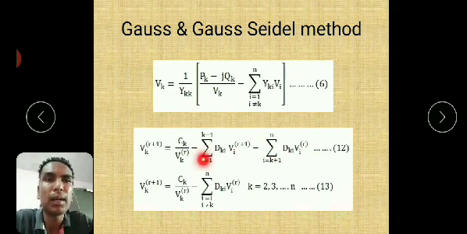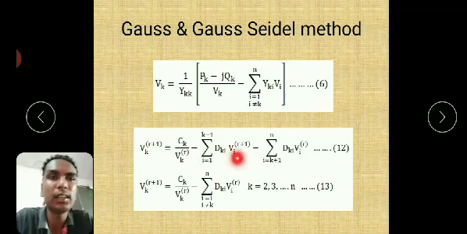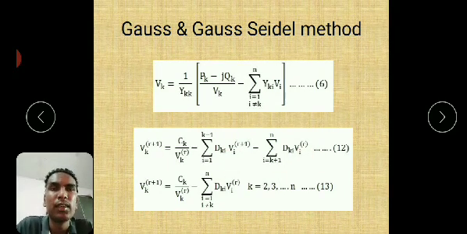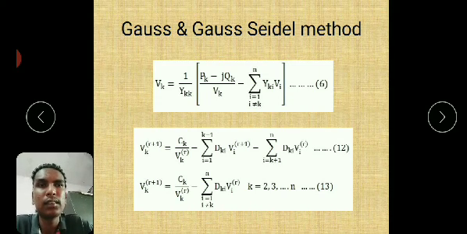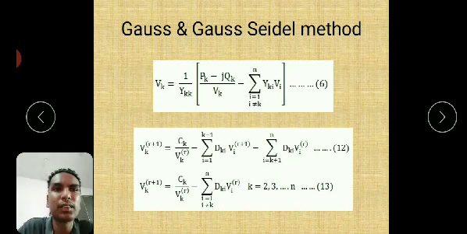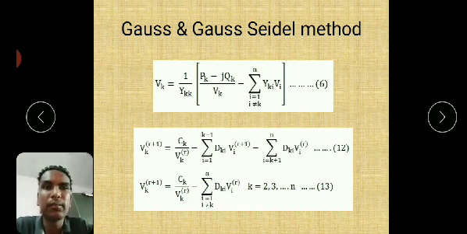But this part is making this method so fast. So here is the basic difference between the Gauss and Gauss-Seidel methods. Thank you.